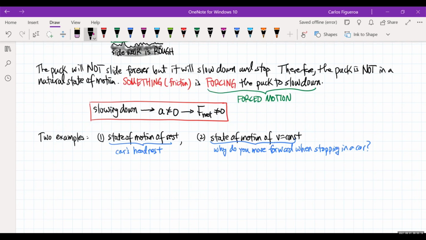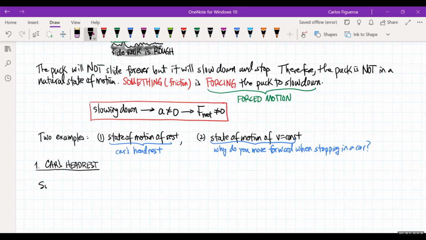Here we go. So the first case, we're going to talk about a car's headrest. We're going to make some assumptions here. We're going to assume that a car is at rest at a stop sign.